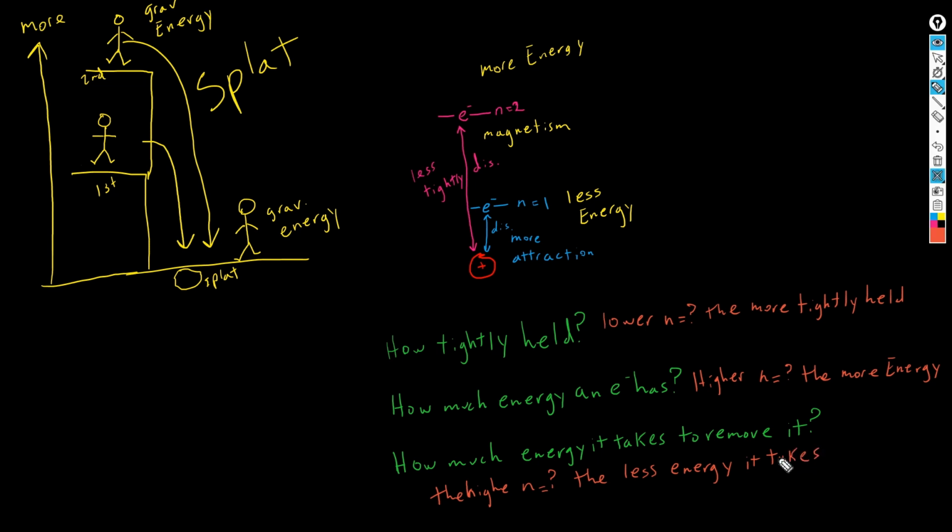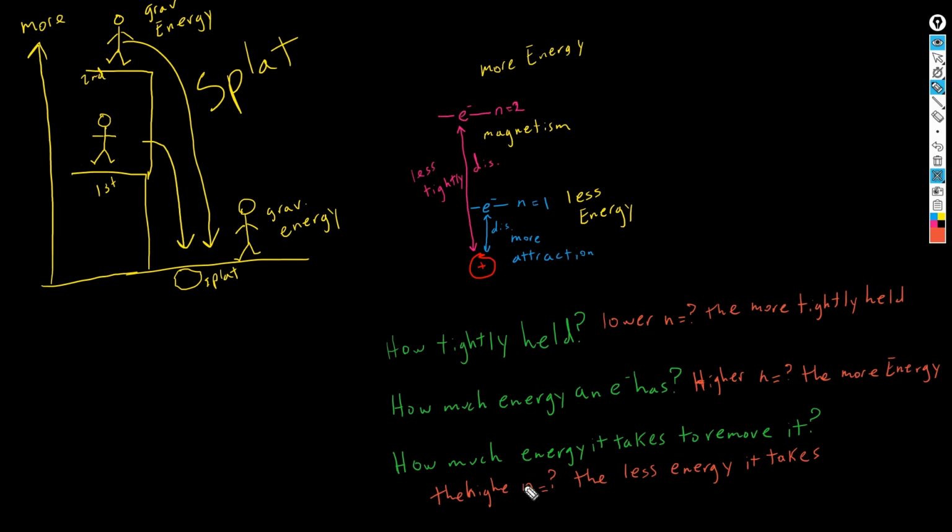So it's very important that you understand this, not because you will necessarily need to explain it thoroughly, but because when you're asked a question, you need to know which of these three they're referring to. There's a difference between the question, how tightly held is an electron, versus the question, how much energy an electron has, versus the question, how much energy it takes to remove that electron.